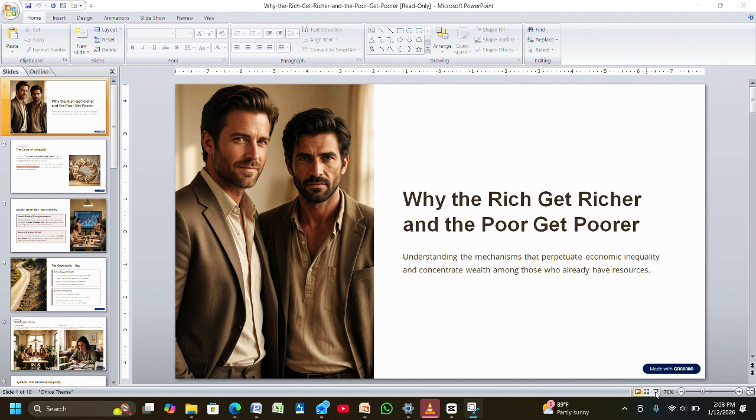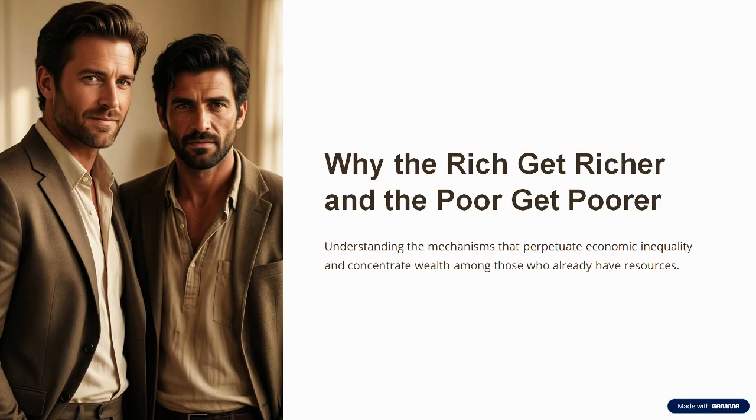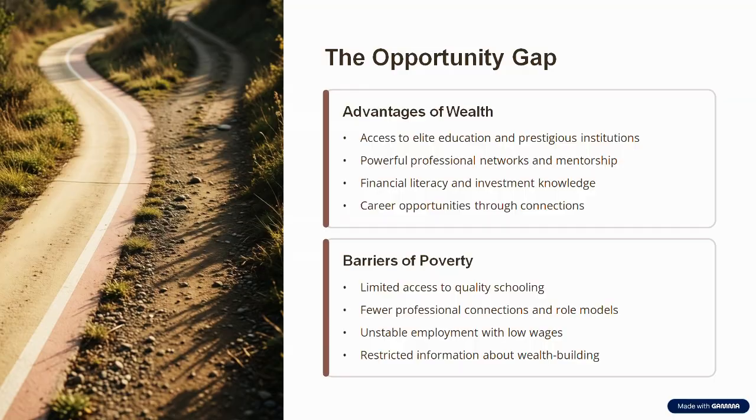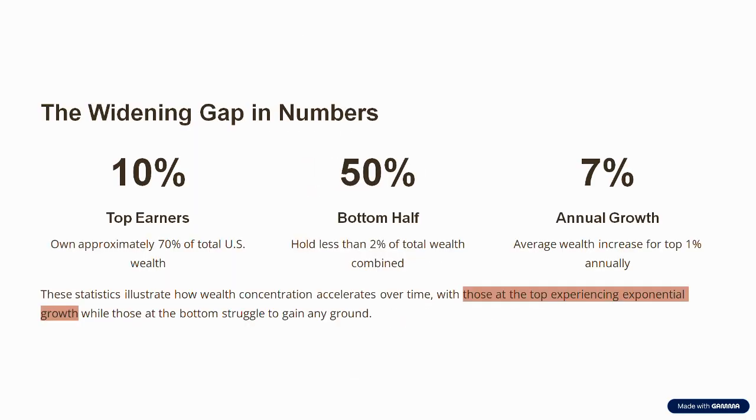Keep in mind that with the free version of Gamma AI, your downloaded slides will come with a watermark at the bottom. This is common for free tools, but don't worry, there's a simple workaround.